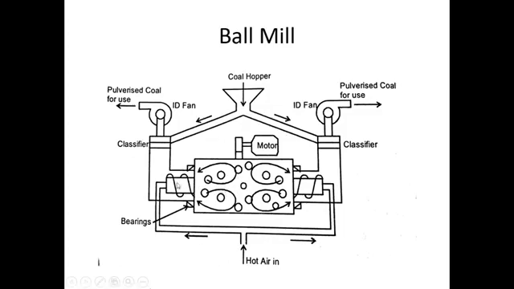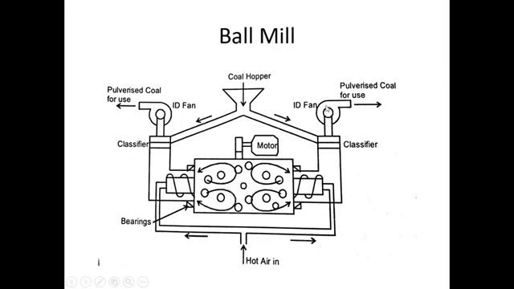When this drum is rotating, because of the continuous action of the balls, they will act as a hammer for the coal. So from here it is supplied continuously, and it will be rotating and it will crush the coal.